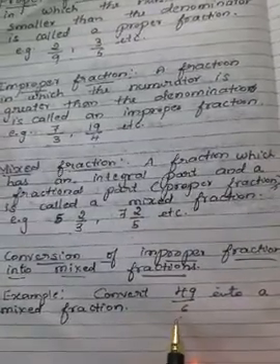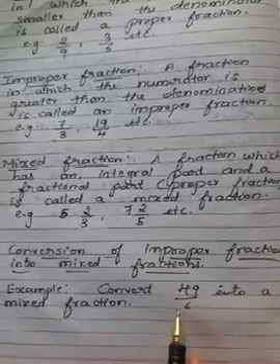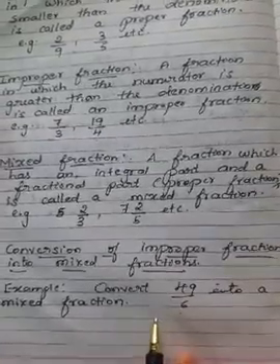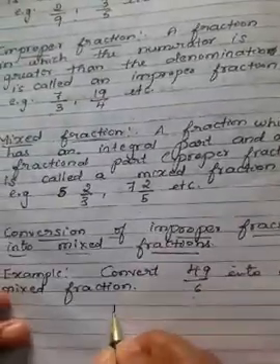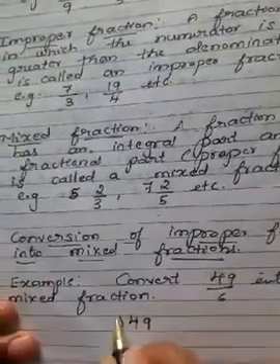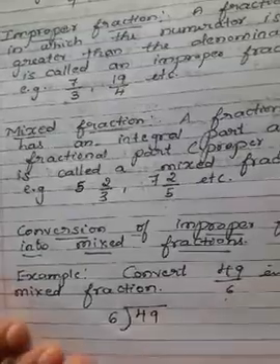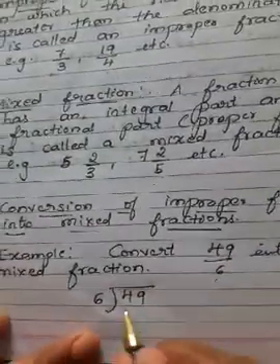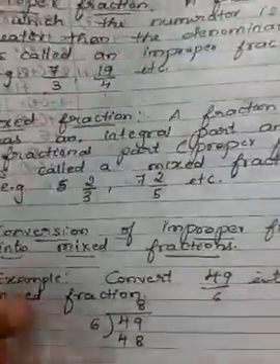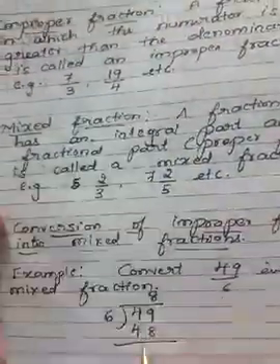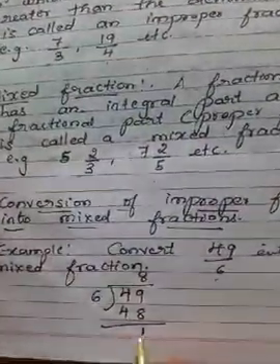Numerator is greater than denominator. It is an improper fraction. So how to convert into mixed fraction? First divide 49 by 6. 49 divided by 6. So 6 8s are 48. Correct? What is the remainder? Remainder is 1.